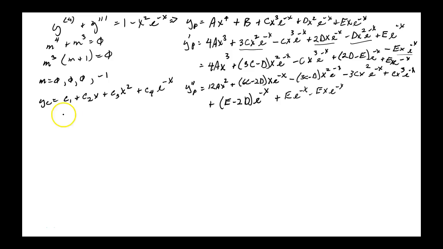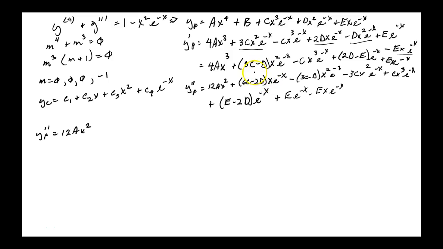I think I'm going to start over here on the left and do my y double prime, and see if we can combine some like terms. There's only one x squared term, so that's going to stay 12a x squared. Now, here's an x e to the minus x, and we got at the very end an x e to the minus x.